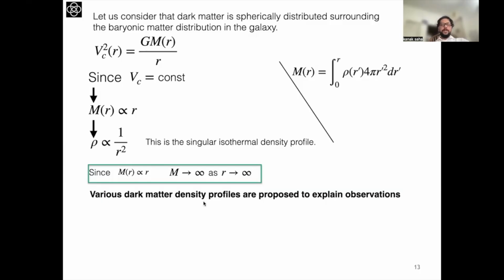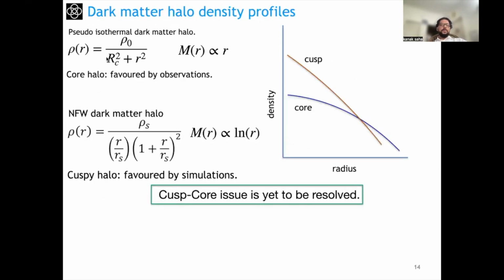And various dark matter profiles have been proposed to explain that circular velocity in spiral galaxies. This is one of the profiles, called the pseudo-isothermal dark matter halo profile, and it has a core. And this is the NFW profile, the Navarro-Frenk-White dark matter halo profile, where it has a cusp at the center.